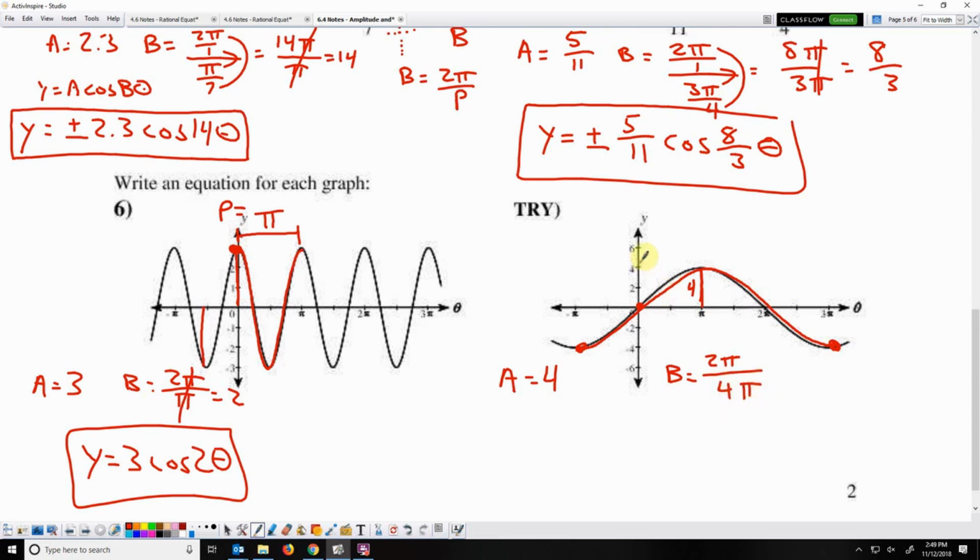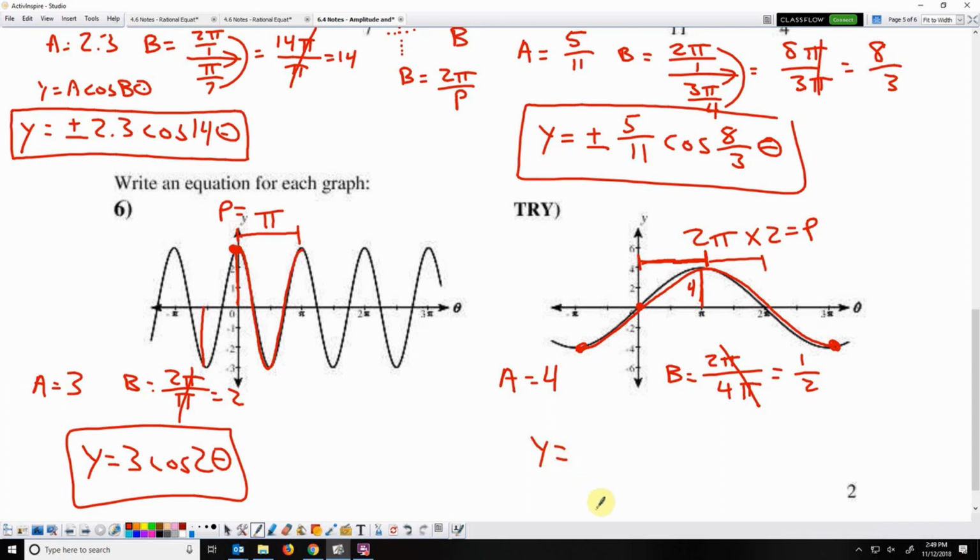Or if I wanted to, I could start here and go to here, but that's only a quarter of a cycle. I could go all the way to here and get a half a cycle, and that is 2 pi, and I would double it to get 4 pi. Okay, now when I simplify this, the pi's cancel. 2 over 4 is 1/2.